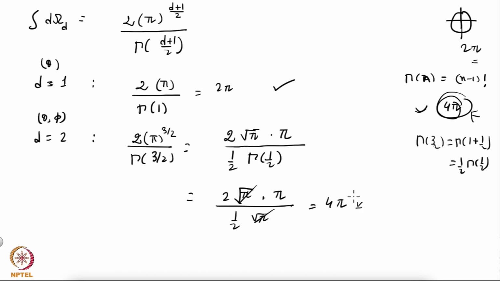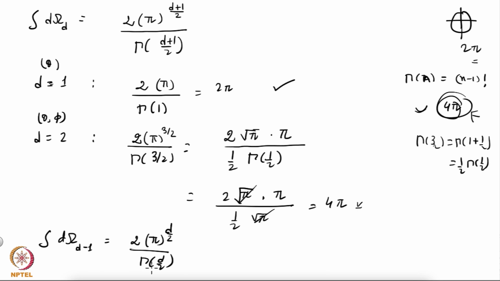So it means that the formula that we have found is correct, and integral d omega d minus 1 is equal to 2 pi, d I should replace by d minus 1, so that kills that 1, and I have d over 2 over gamma d over 2. Okay, good.